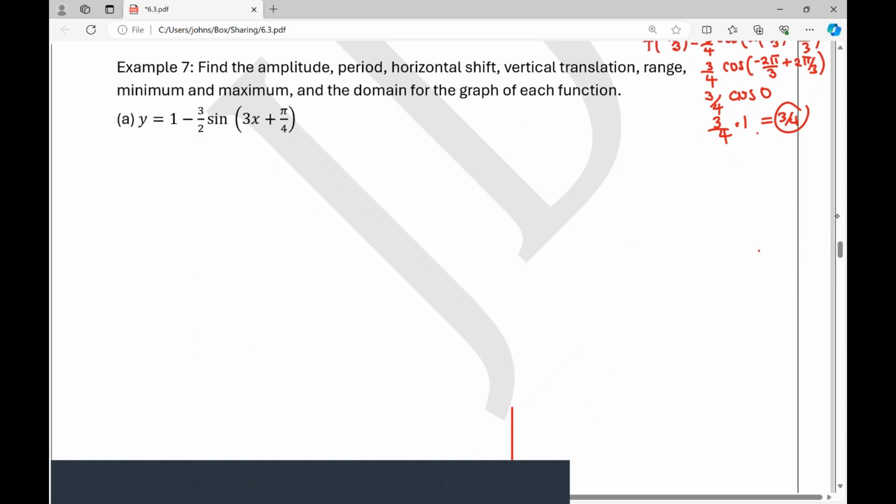where we have two things: vertical translation as well as horizontal translation. So we'll see two examples here as well.